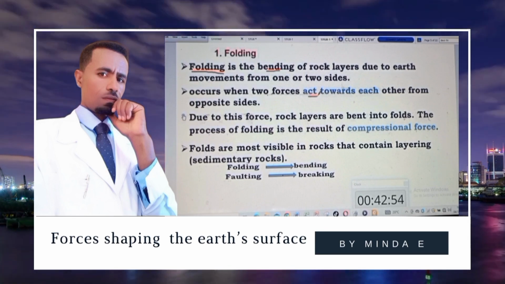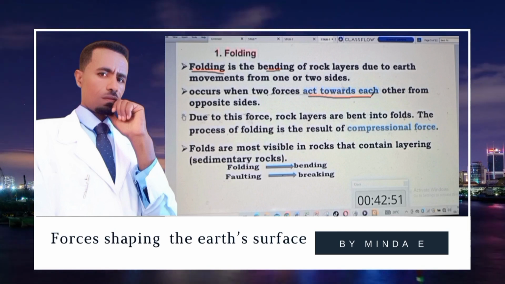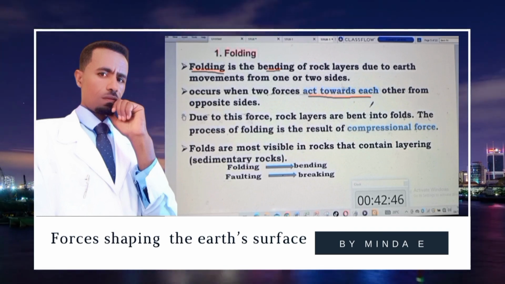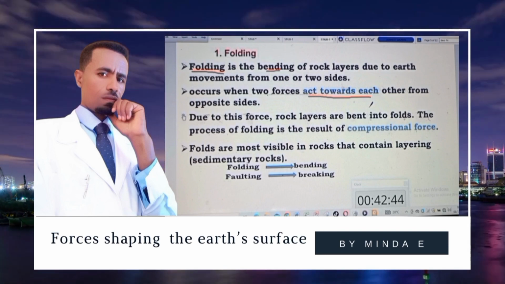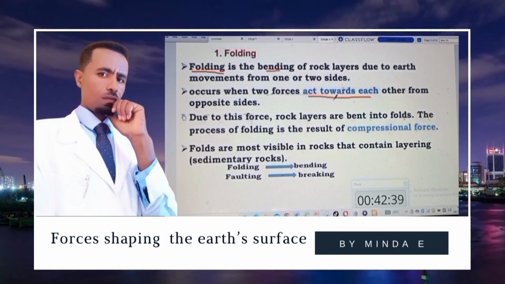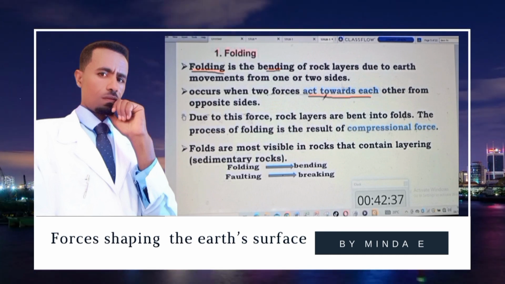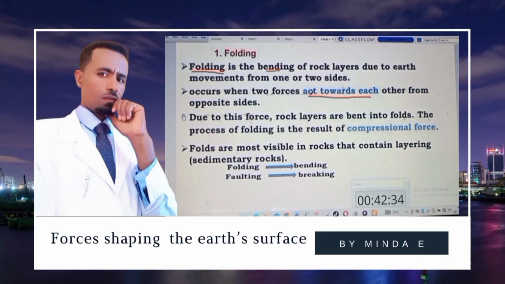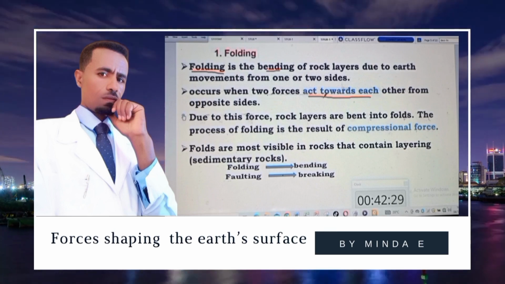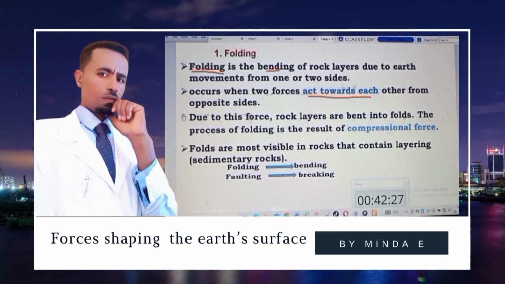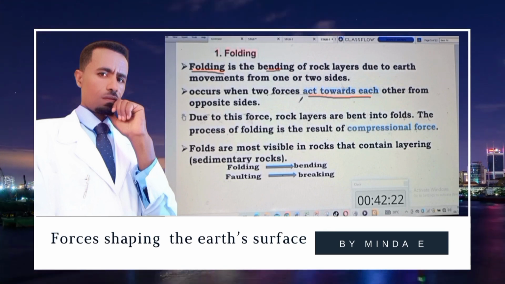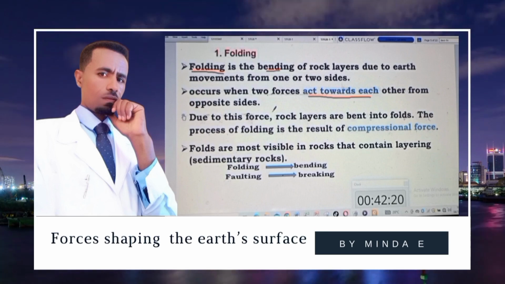When two different forces act toward each other on a given point, they form a pressure. They make a pressure on a given point. These forces act from the opposite sides on a given surface.